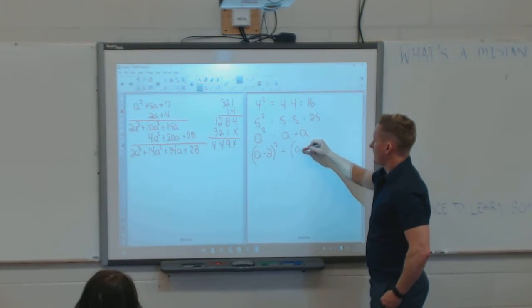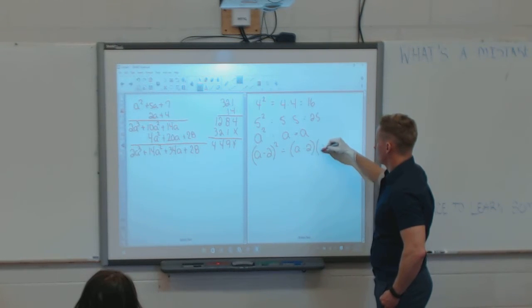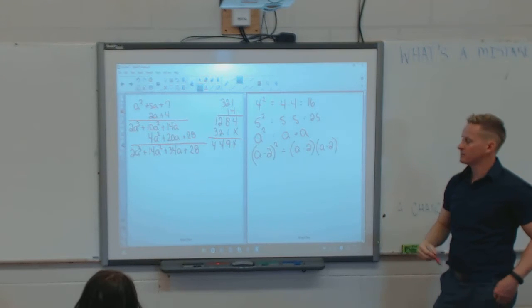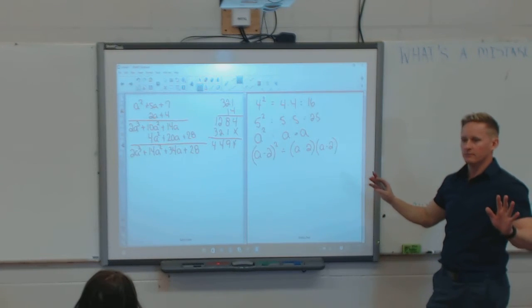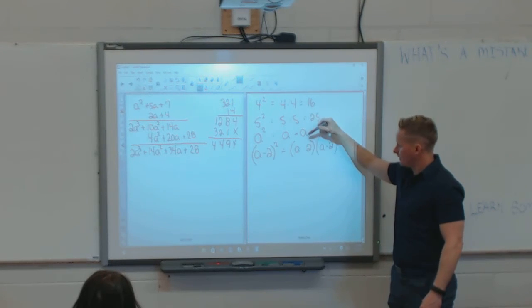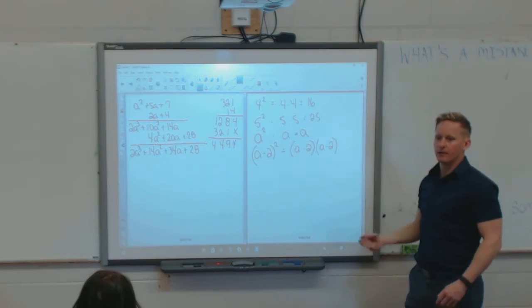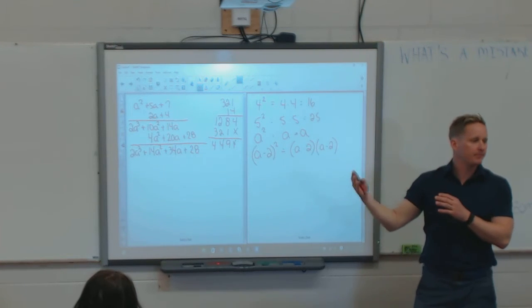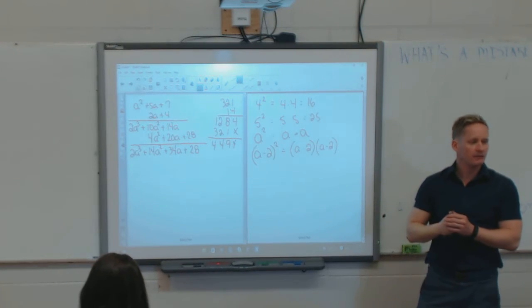See the pattern? Right? Okay? I don't change anything. This was 4 times 4, 5 times 5, 8 times 8. This is still a minus 2 times a minus 2. That's what that squared value means. I take the number that's squared and I multiply it by itself, right?